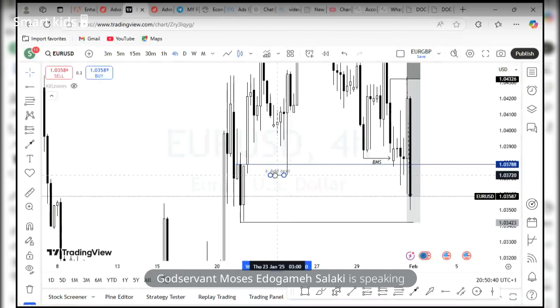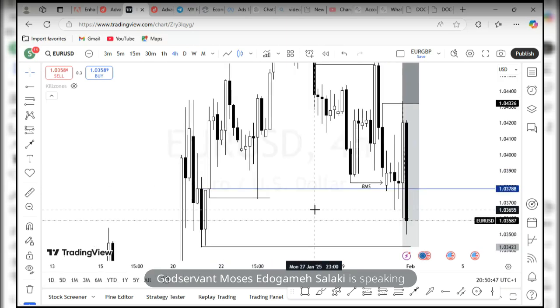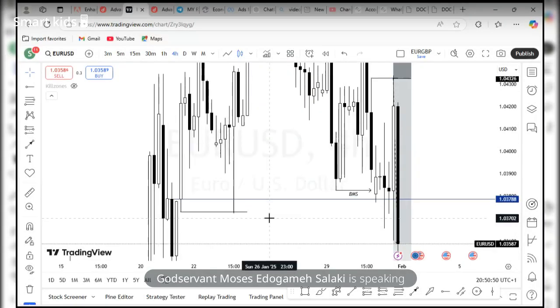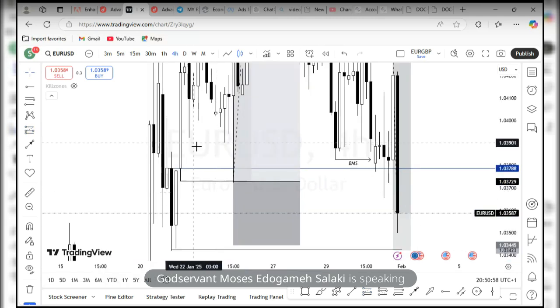Take out that as my inducement. Do you see how crazy price took it out? Very small, but price actually took it out. So if you had your entry there on that inducement, that would have been sniper. My God. You can also see this inducement was there also.